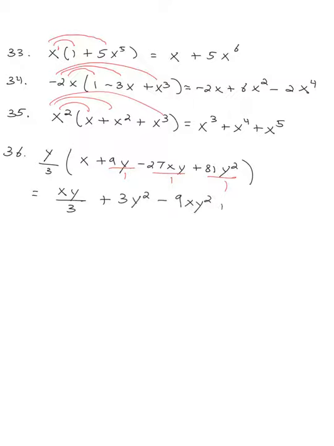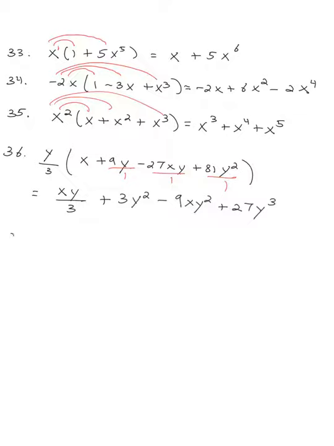Lastly, it's going to be positive. 3 is divided into 81. That's 27. And then we have a y times a y squared, and so we get a y cubed. I didn't really point this out in the previous problems, but note that I don't see any like terms, so I can't combine these any further, and that was the case for the previous problems too.